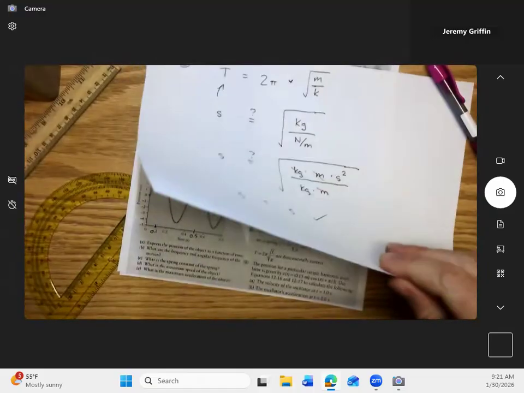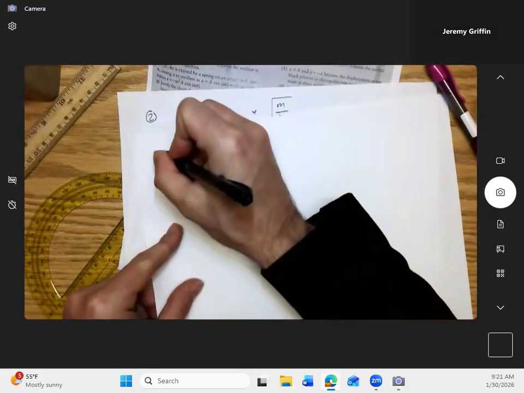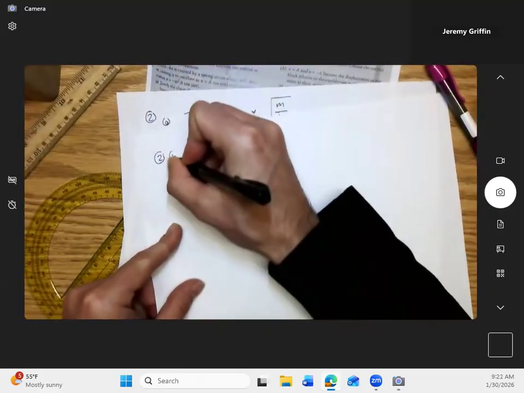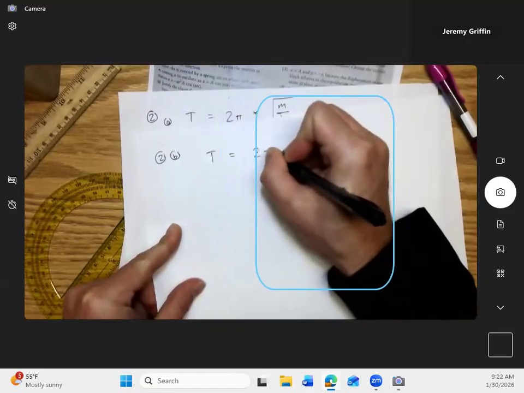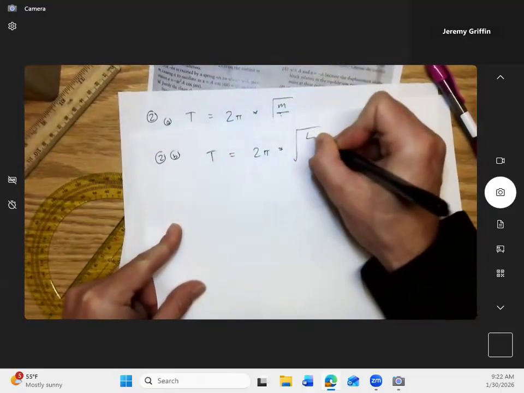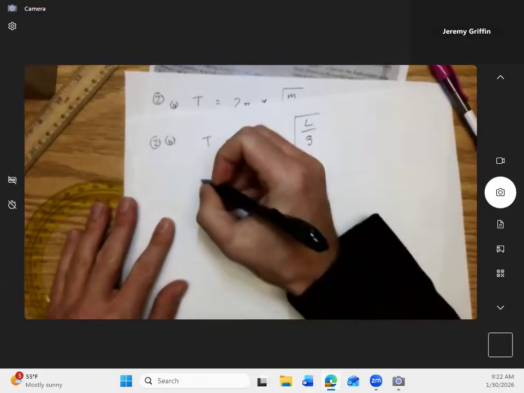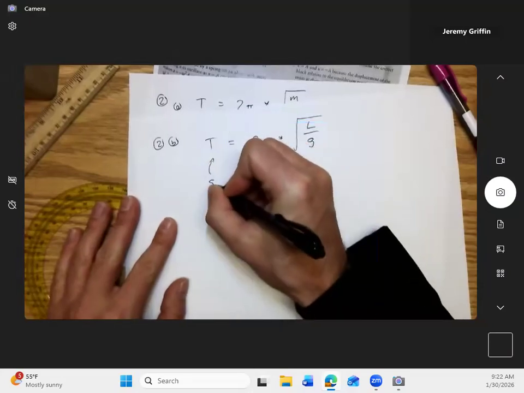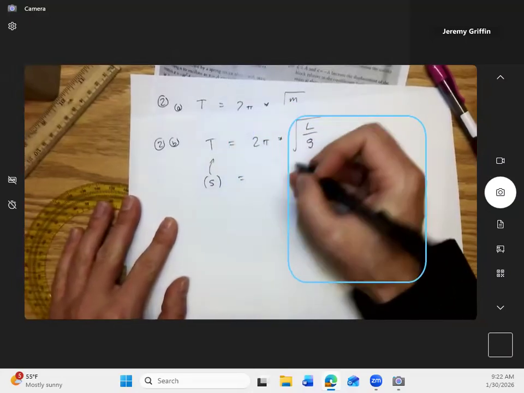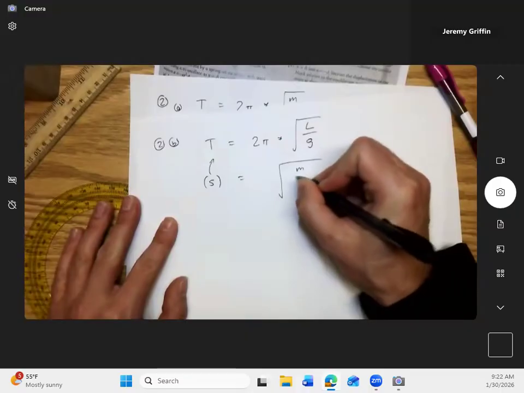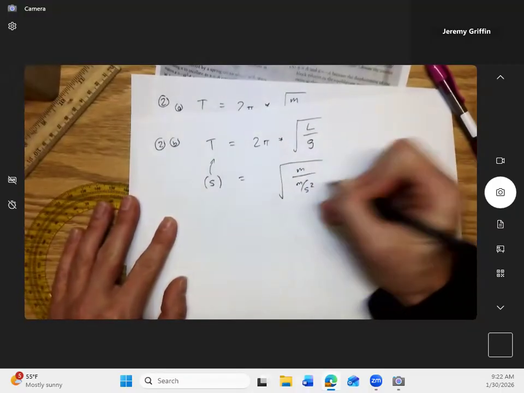That was 2a. Let's try 2b. Time period equals 2 pi times the square root of L over g. So time period is in seconds. 2 pi is just a constant. Square root, got meters here, got meters per second squared.